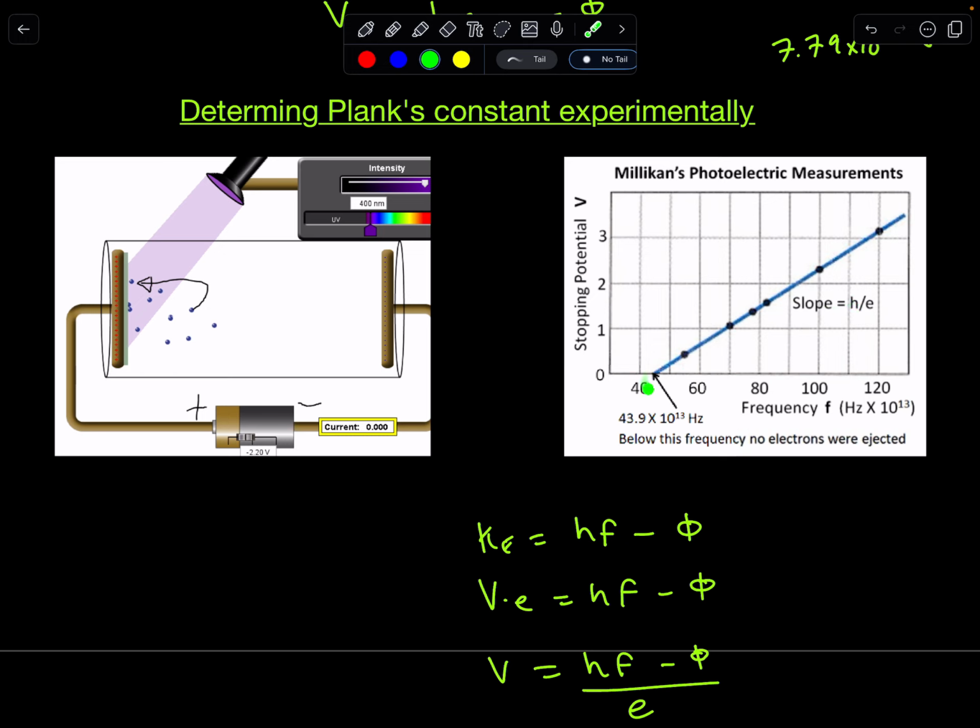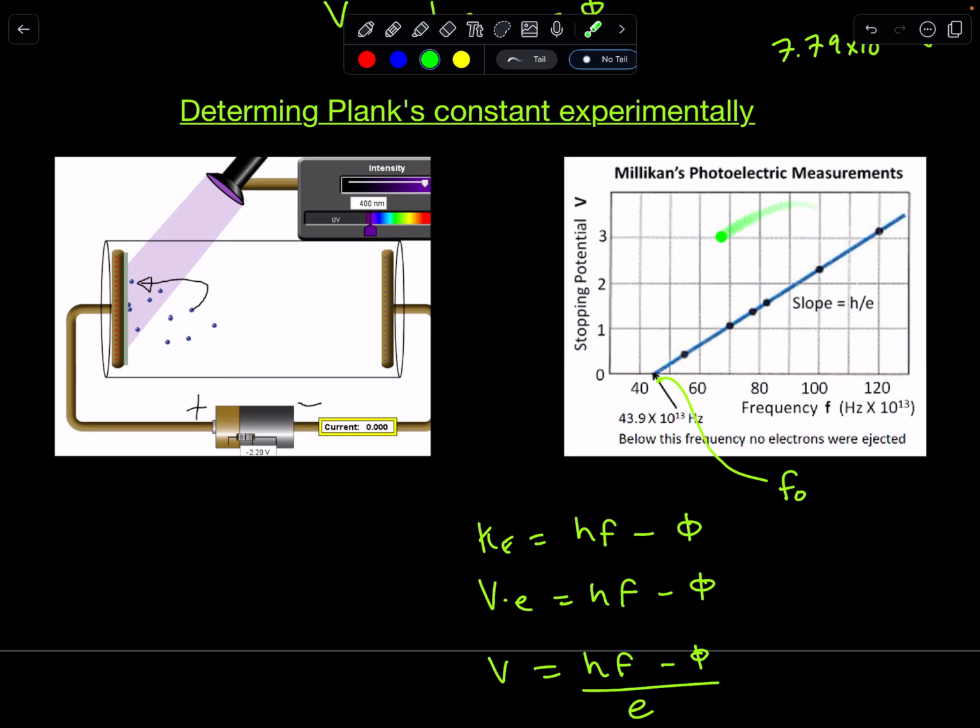And the work function divided by the charge of an electron represents my threshold frequency, f0, times h over e. So whenever you see the intercept on this graph, that means the threshold frequency, and the slope of that graph is Planck's constant divided by the charge of an electron.